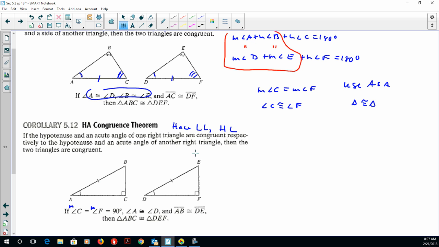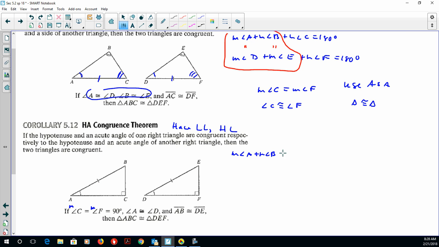Okay, so we have right angles at C and F. We have angle A and angle D are congruent. So the measure of angle A equals the measure of angle D. Okay, and first off, the measure of angle A plus the measure of angle B is going to equal 90 degrees.